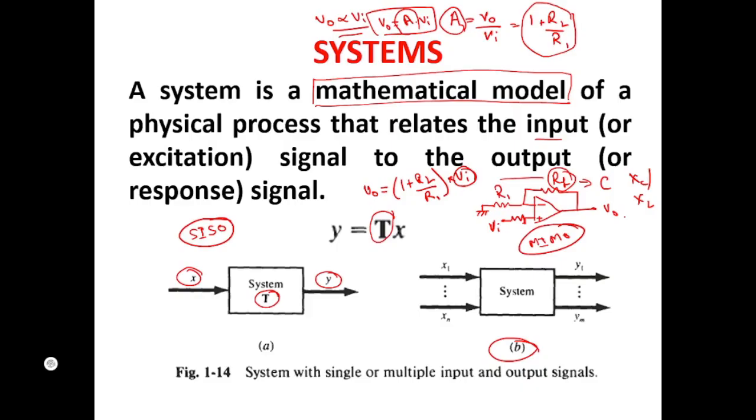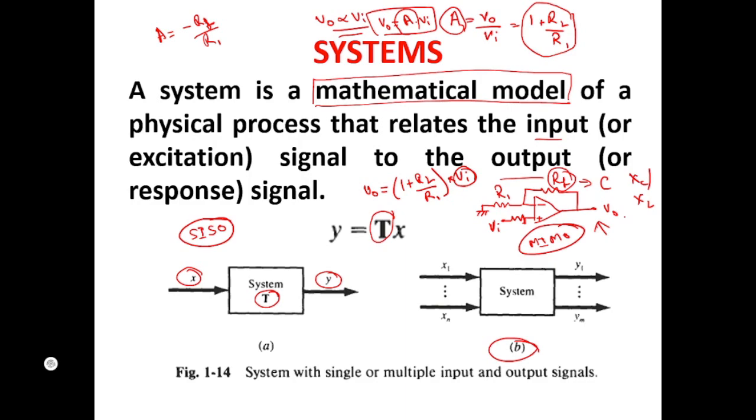The same thing applies to the amplifier; I am coming back to the non-inverting amplifier. If you talk about the inverting amplifier, the same thing goes. In the inverting amplifier, A is equal to minus R2 by R1, where R2 is the feedback resistance. Again, it is a mathematical operation.